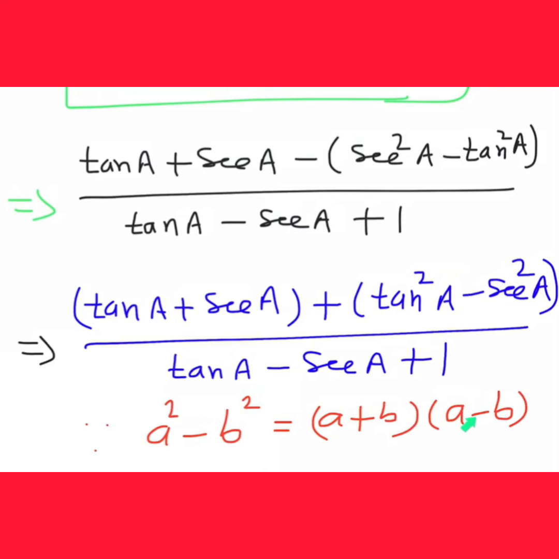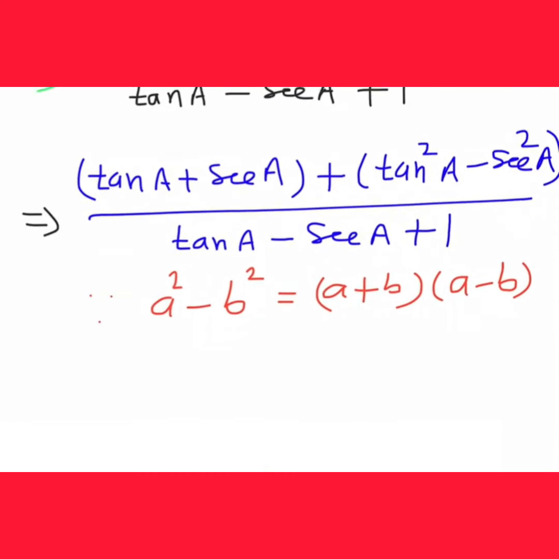So a square minus b square, you will write a plus b and a minus b. A is tan A, so here you will write tan A, and b is sec A, so here you will write sec A. So tan A plus sec A, tan A minus sec A. So you used this identity in this place.